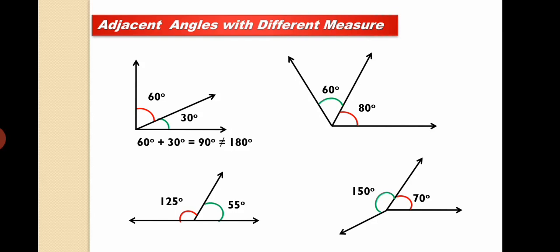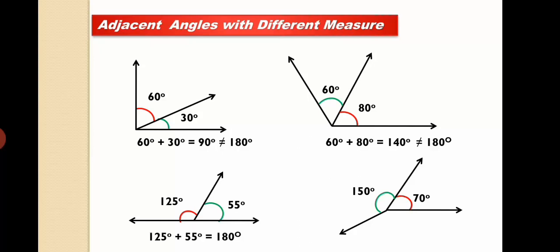Look at this second diagram. In this diagram, if we add 60 degree plus 80 degree, we will get 140 degree. Again, this is not equal to 180 degree. It means it is also not a linear pair of angles. Look at this third diagram. In this diagram, 125 degree plus 55 degree is equal to 180 degree.